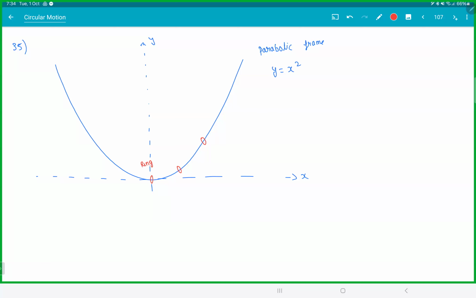It's like a bead. Now the thing is, this ring's speed is always u. So a ring slides on this parabolic frame such that its horizontal velocity is always u, not the total speed, only the horizontal component, that is ux.